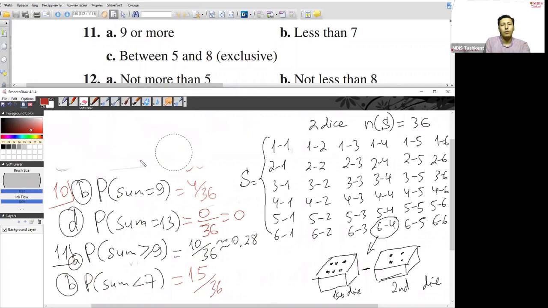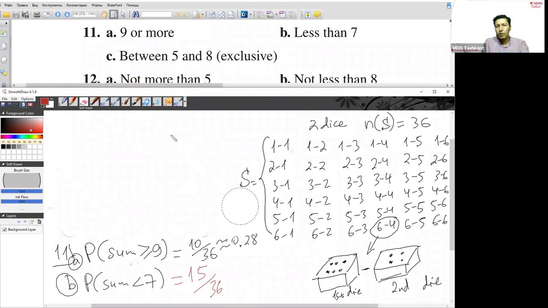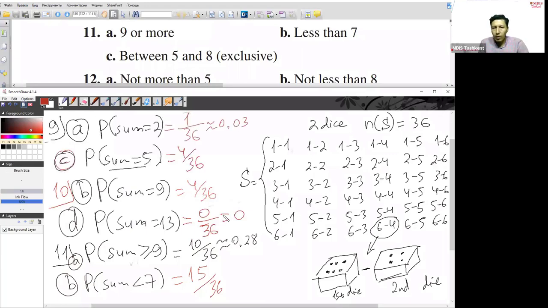So let me clean this part. Sum 13. Why 0? Do you have such an element? When you add them, you get 13?